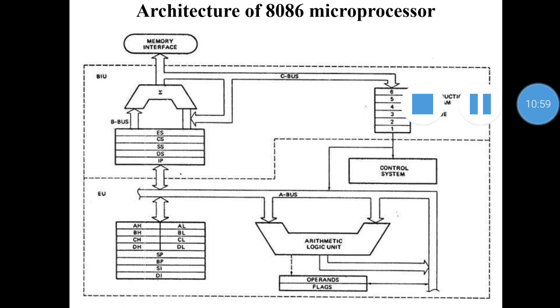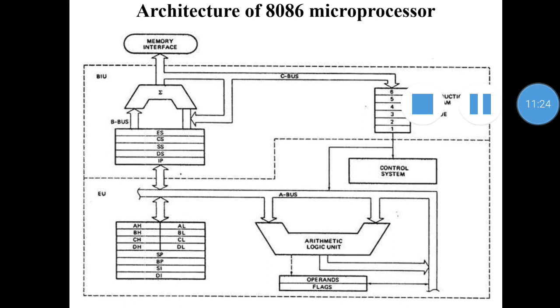The execution unit executes instructions and the bus interface unit fetches instructions, and this type of overlap operation of the microprocessor is called pipelining.